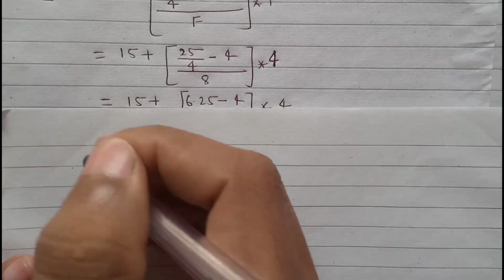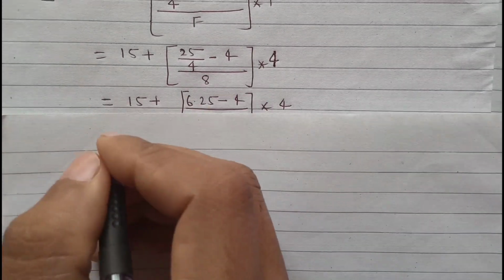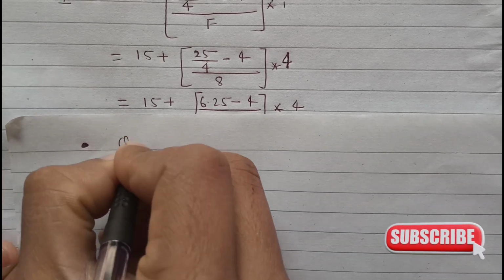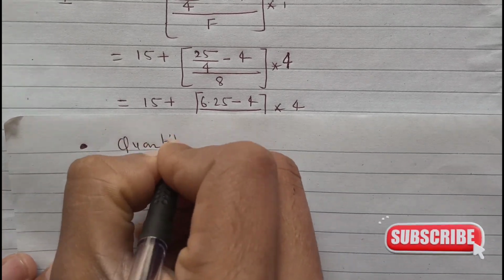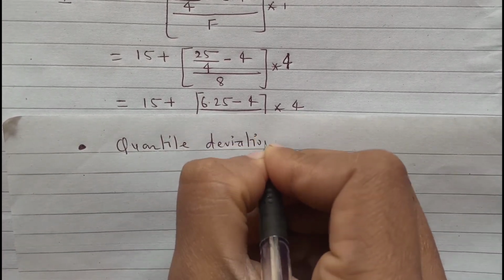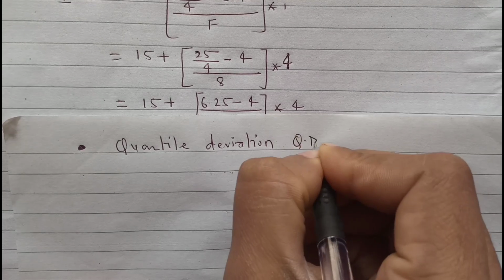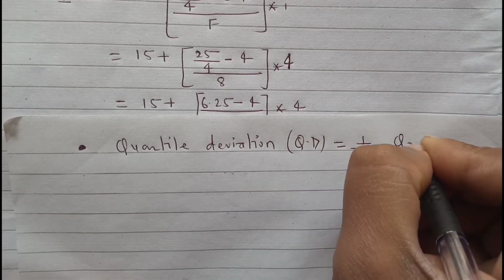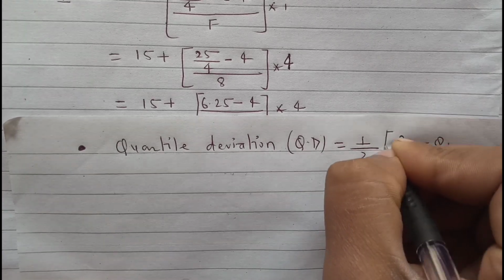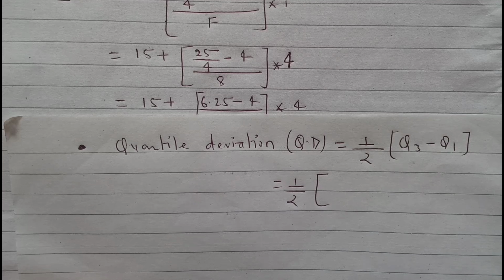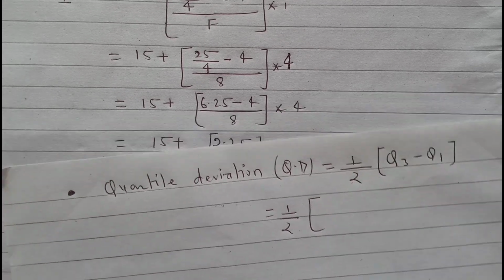Now we have to take another page. So here we have to find quartile deviation first. Quartile deviation, which is denoted by QD, is equal to 1 by 2 (Q3 minus Q1). So 1 by 2 the value of Q3. What is the value of Q3?